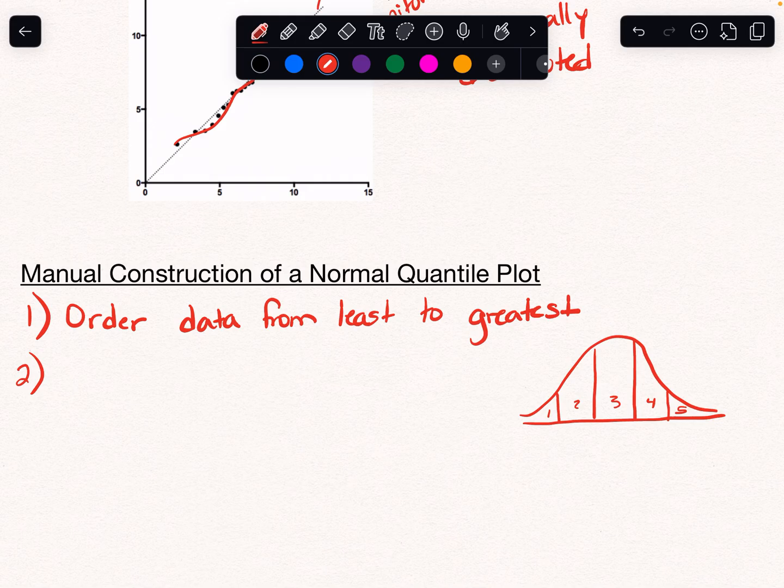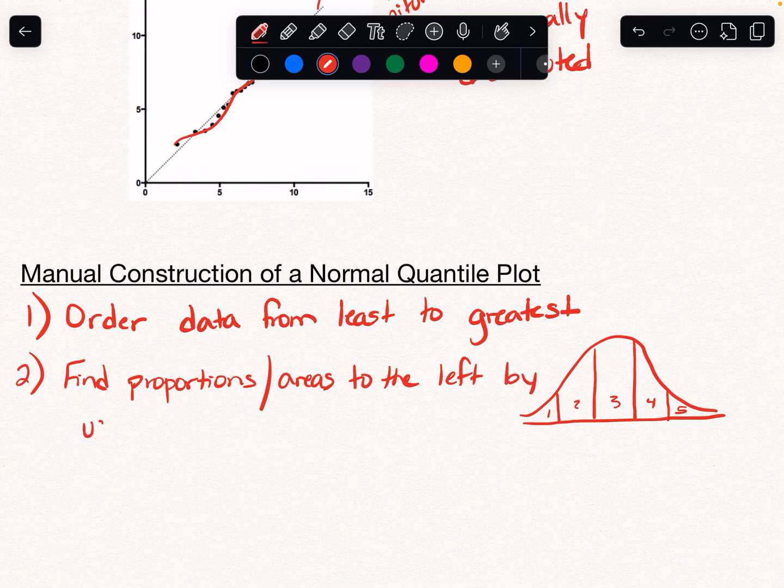Okay, so I'm going to say find proportions slash areas to the left by using our formula, 1 over 2n. That's our first proportion, and then I have 3 over 2n.